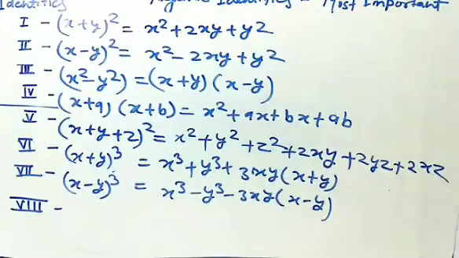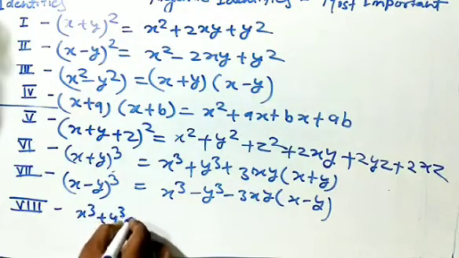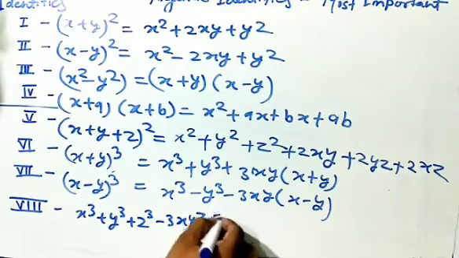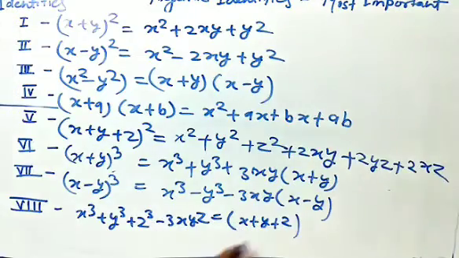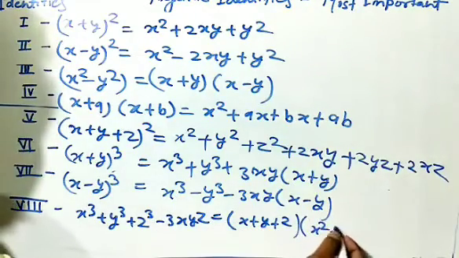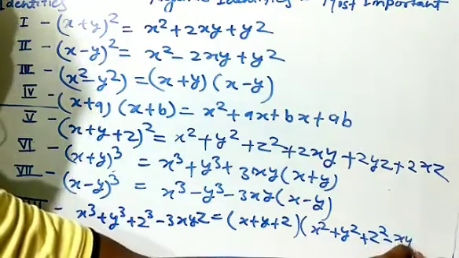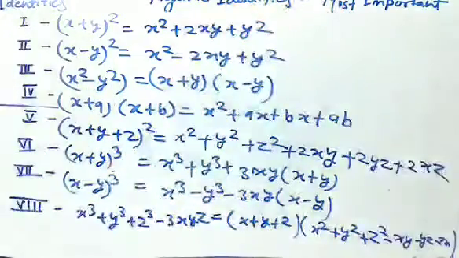And the last identity, which is used very frequently in some questions and is important for the board exams: x cube plus y cube plus z cube minus 3xyz equals x plus y plus z times x square plus y square plus z square minus xy minus yz minus zx.